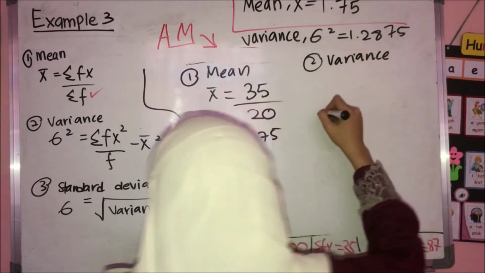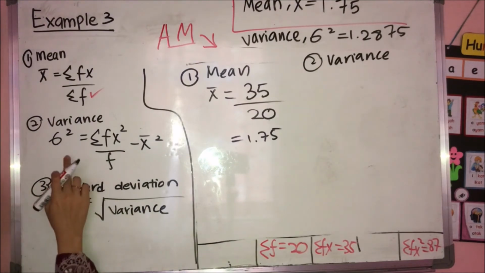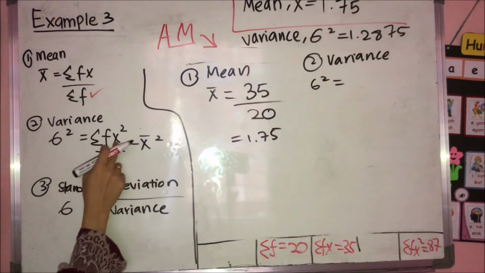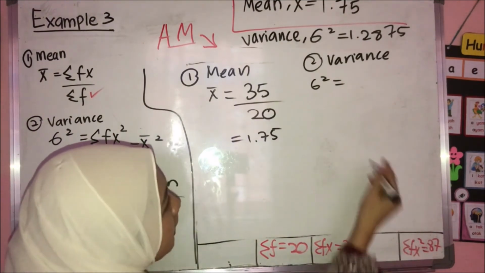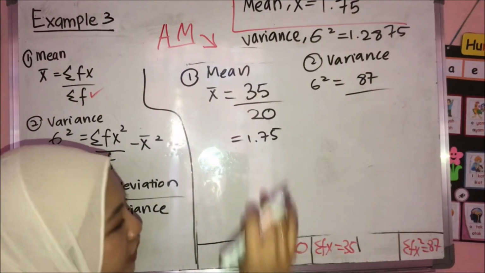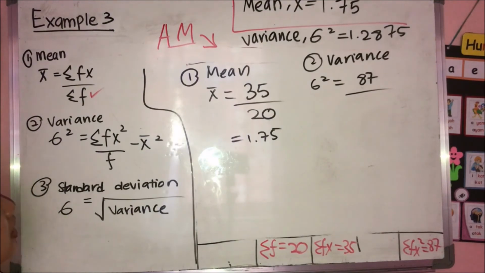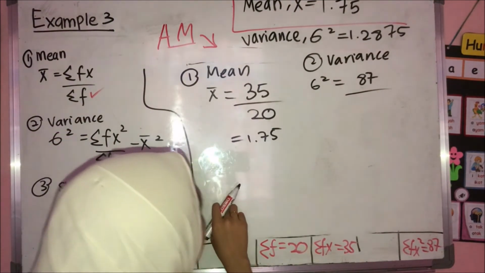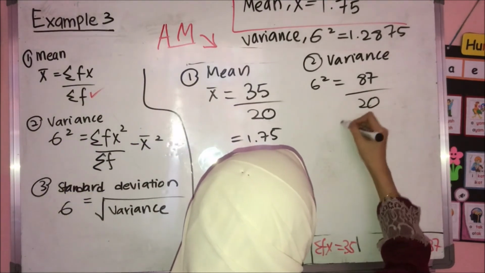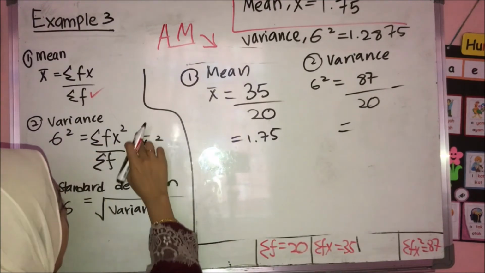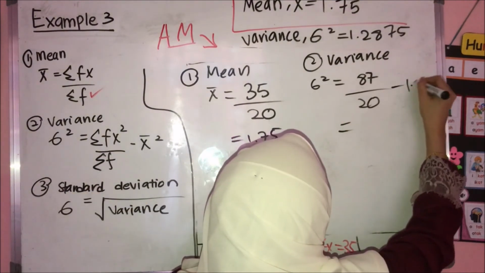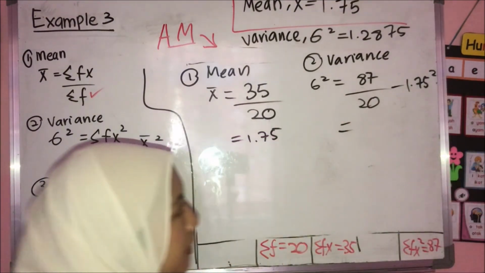So the formula for variance is sigma squared equals the sum of fx squared, which is 87, divided by the sum of f, which is 20, minus x bar squared. x bar squared is the mean 1.75 squared. We just put in the formula.